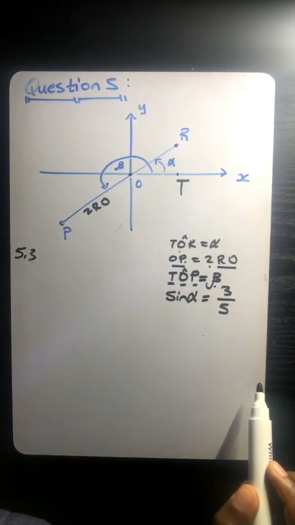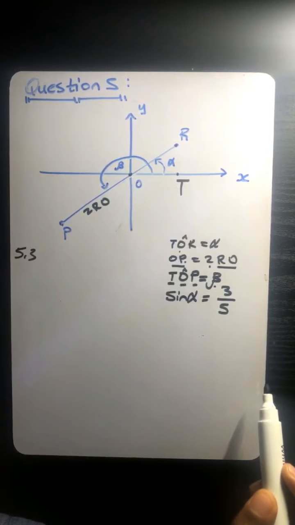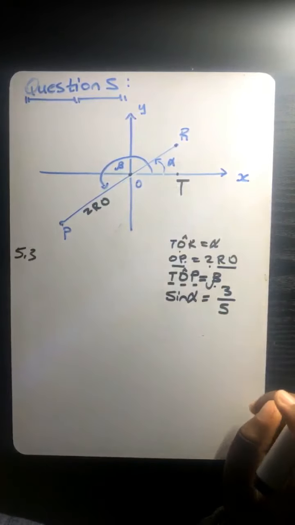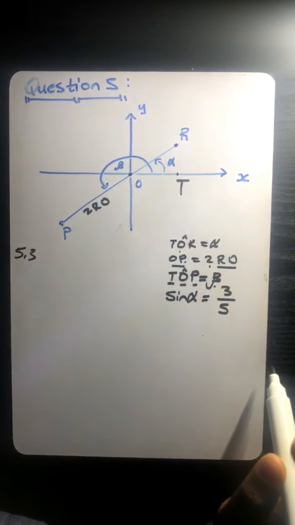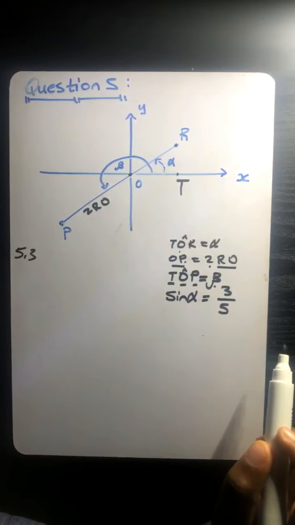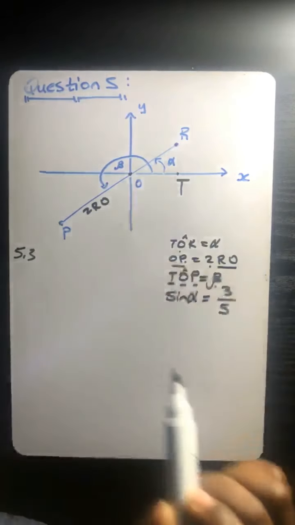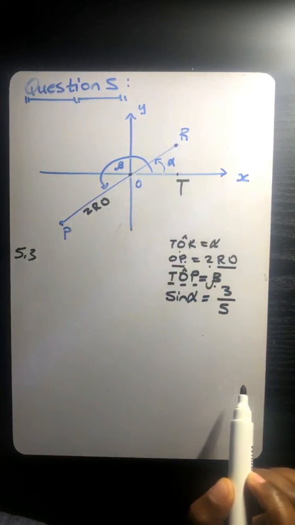The first question, 5.3.1, is the value of tan alpha, the second is the value of sine beta, and the third is the coordinates of P. With this type of question, where you're given a diagram and asked to determine values without a calculator, remember that you might need to find the values of all the sides on the given triangles, taking into account that we are dealing with a right-angled triangle.